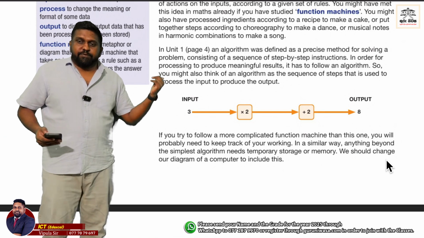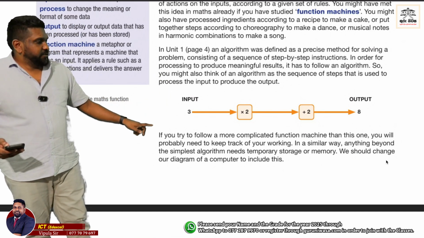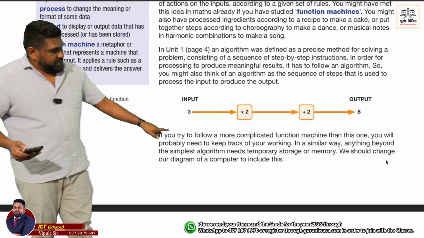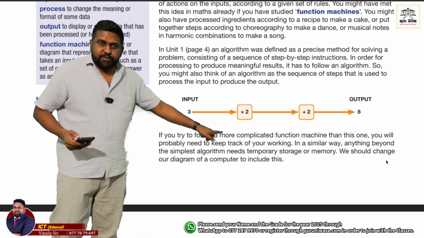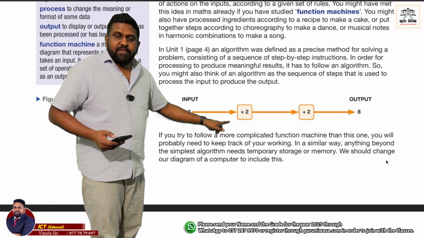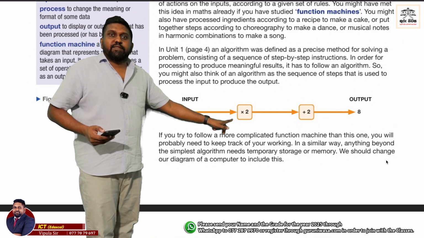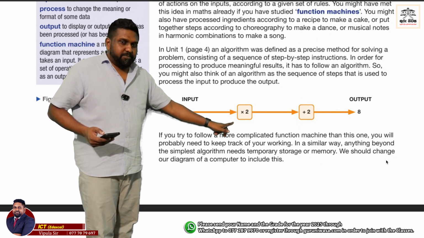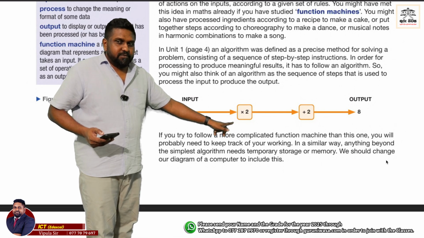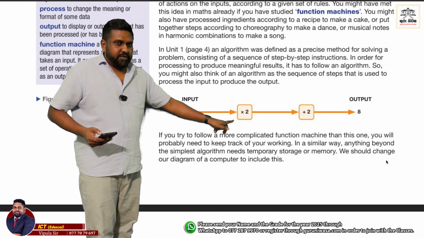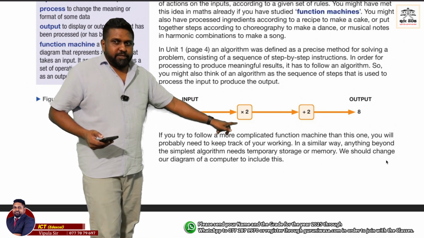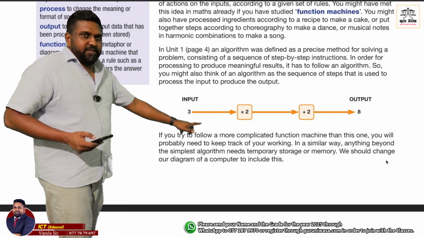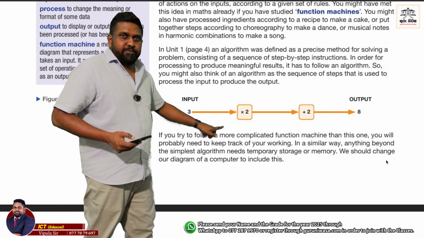Now here you can see what we are going to do. We have the input. Here we are taking 3 as the input. And what is this action? In this case, this action is multiplying. Yes, we are multiplying it by 2, right? So the input is this one, and we process it by multiplying it by 2.